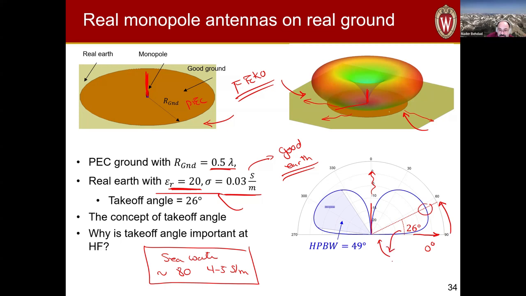So this is what we call the takeoff angle, right? Let's call it the takeoff angle for this particular example. So the direction of maximum radiation has now gone up to 26 degrees.